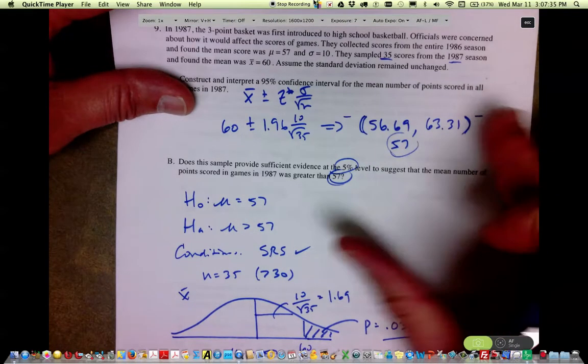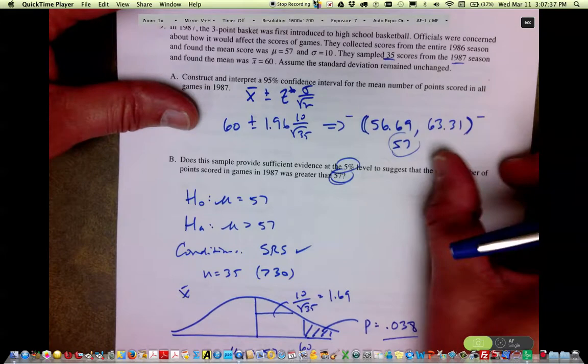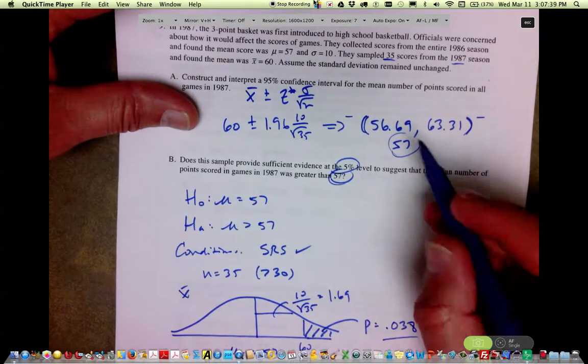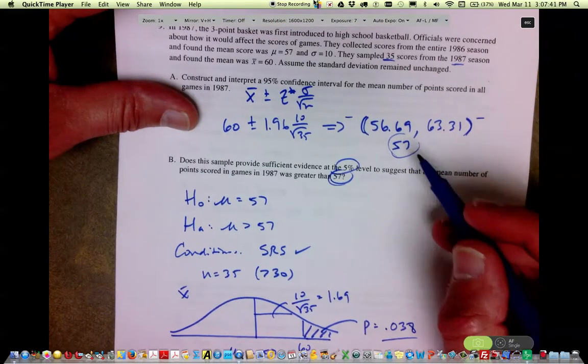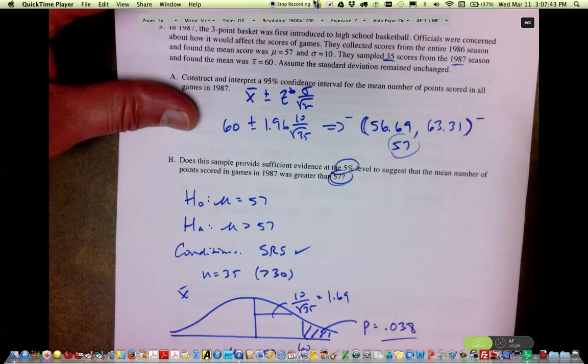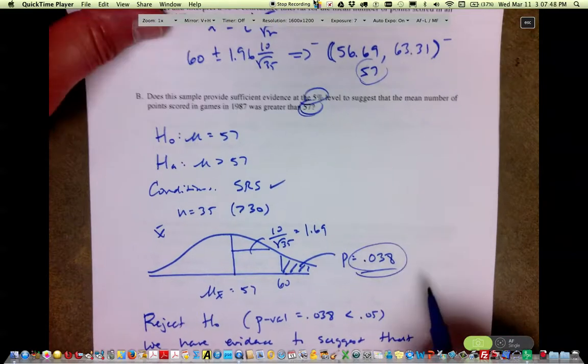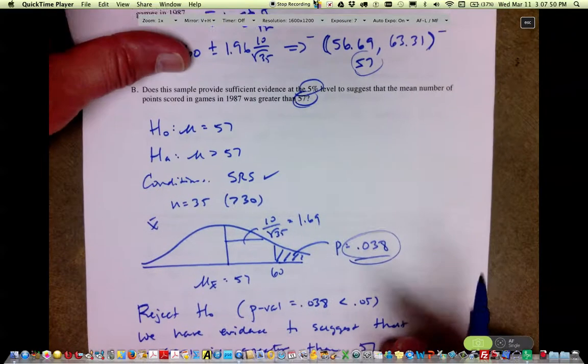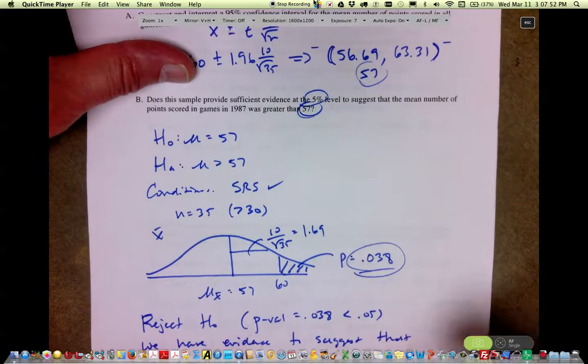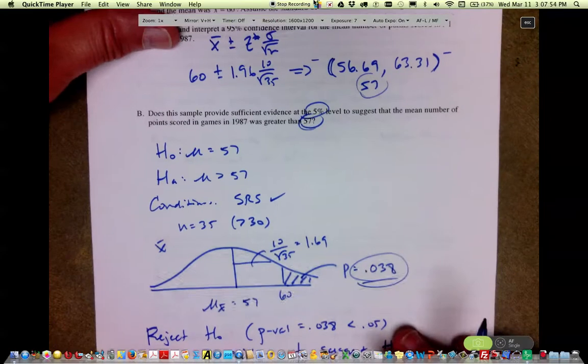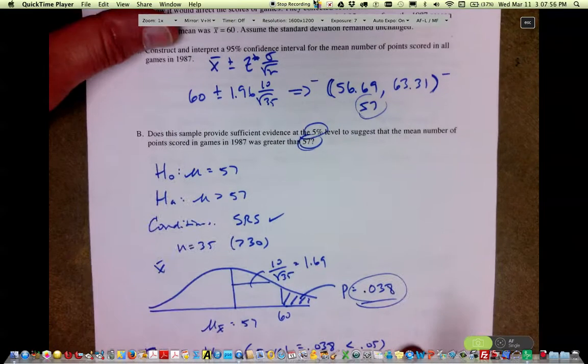So the likelihood of me getting an interval that is completely above 57 is not 5%. That likelihood is only about 2.5%. And that's why this p-value can be a little bit bigger than 2.5% or less than 5%, and still we're going to reject the null hypothesis. So these really are not contradictory statements.